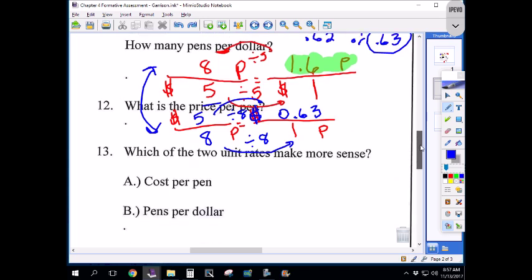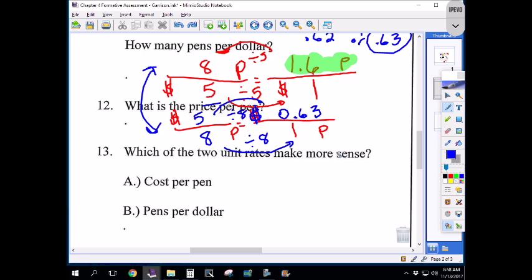All right, now, we know what this means. This means that I can go into a store, I can throw down a dollar bill, and they could give me 1.6 pens. Doesn't really make any sense, right? But that's what it means. Agreed? Or, on number 12, you're learning that it's going to be 63 cents per pen. So if you wanted just 1 pen, you didn't need 8 of them.